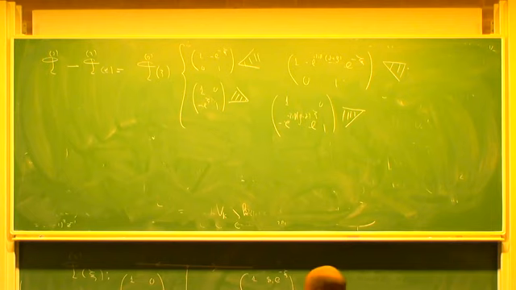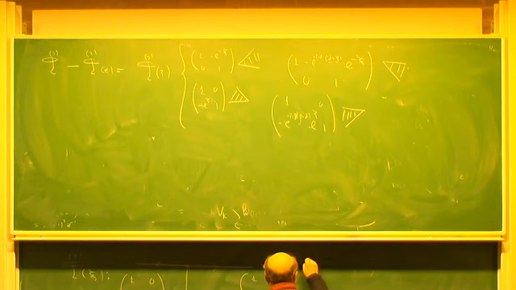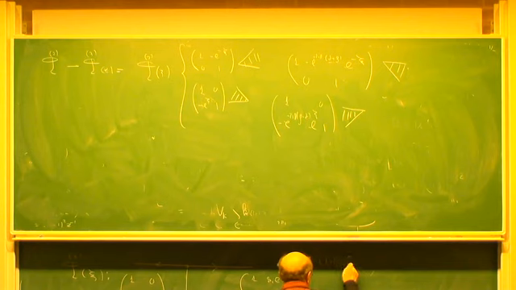So now I have to describe what is going on at 0, and what is going on at infinity. This is something I have not motivated yet. I am claiming that at infinity I want this to have the following form.